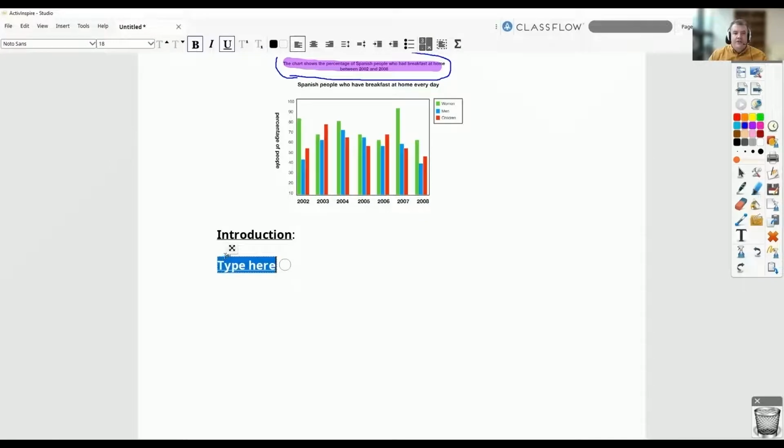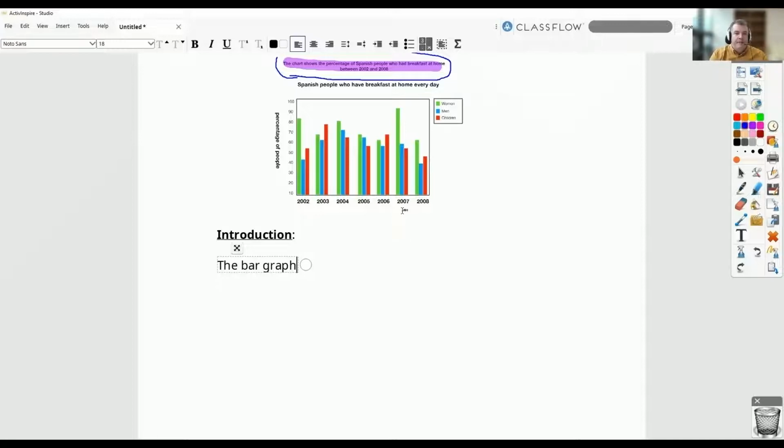So let's try for our introduction. Okay, so what can we say? The chart, we can say bar graph. I think chart and graph tend to be fairly interchangeable.